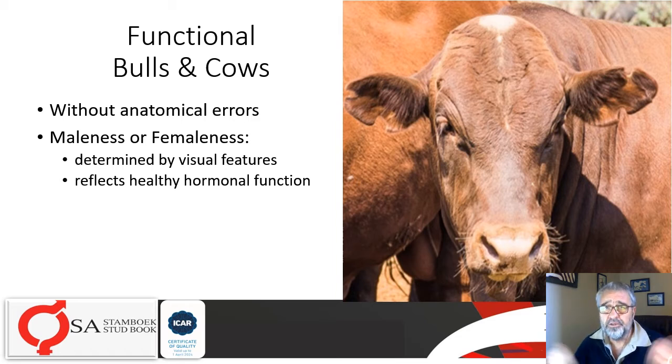So the extremes are true in terms of a male being overly male and a female being feminine as well. This can be determined by visual features, but also behavioral differences amongst animals, and it's usually a good reflection of a healthy hormone balance in these animals.